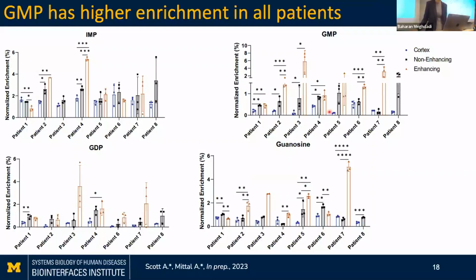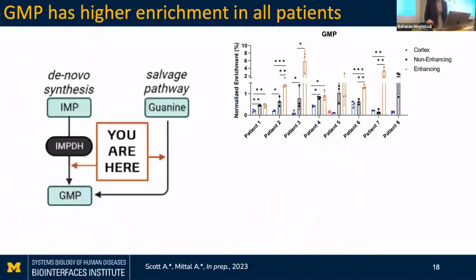We also looked at different metabolites in purine metabolism in patient data, and we saw GMP is the only metabolite that has higher enrichment in the tumor samples in all of the patients. We don't see this pattern in other metabolites, and we think that GMP synthesis is remarkable here.